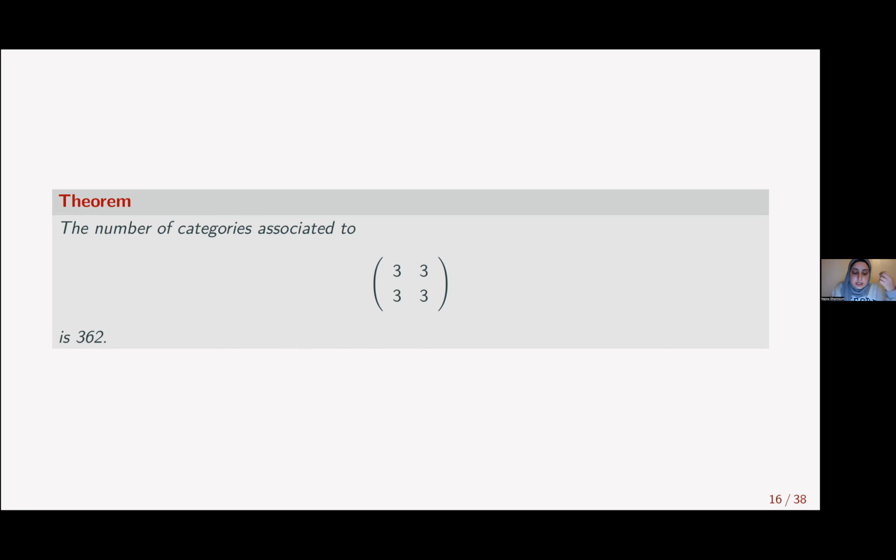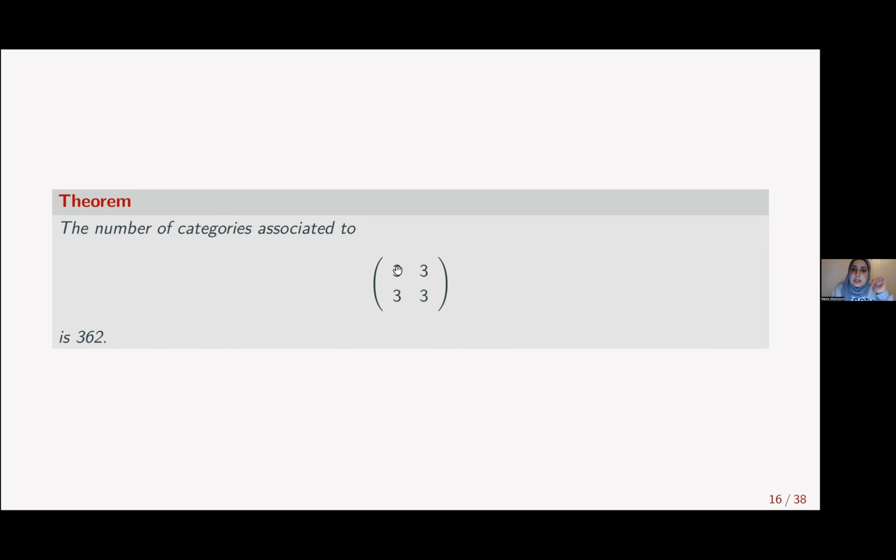And the reason is that for 2222, we had only one monoid to deal with on both sides, which was the monoid that wasn't a group. But here we have a monoid of size 3, and here is a monoid of size 3. And there are more possibilities than 1 or 2 as for monoids of size 2.